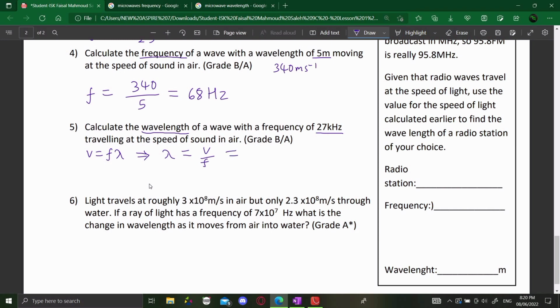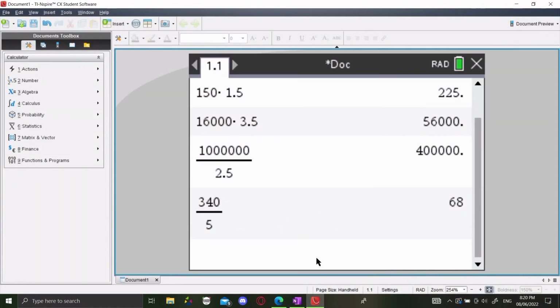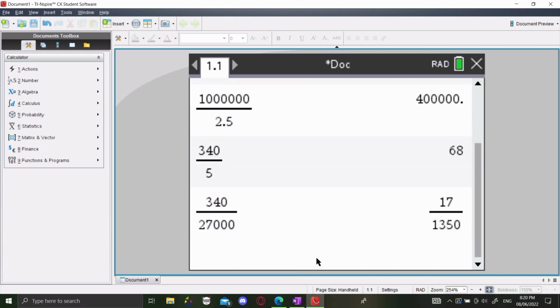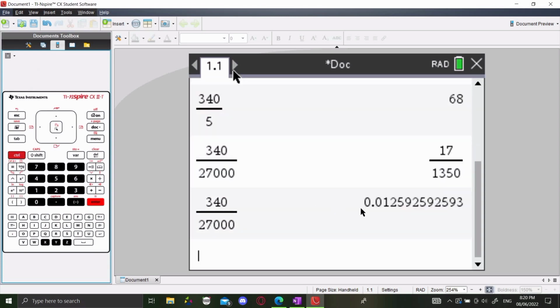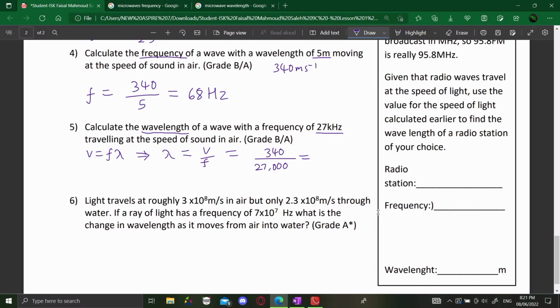So this is 340 divided by 27,000. So that's about 0.0126 meters, because we're finding wavelength.